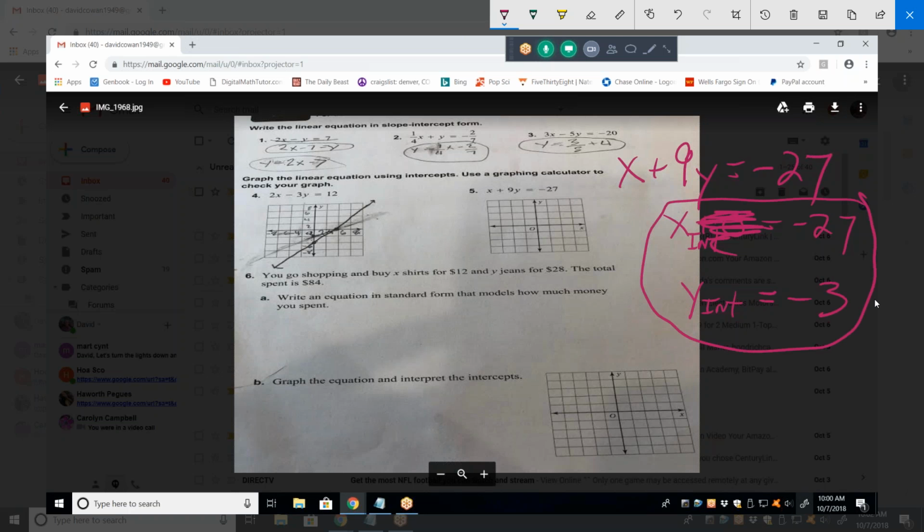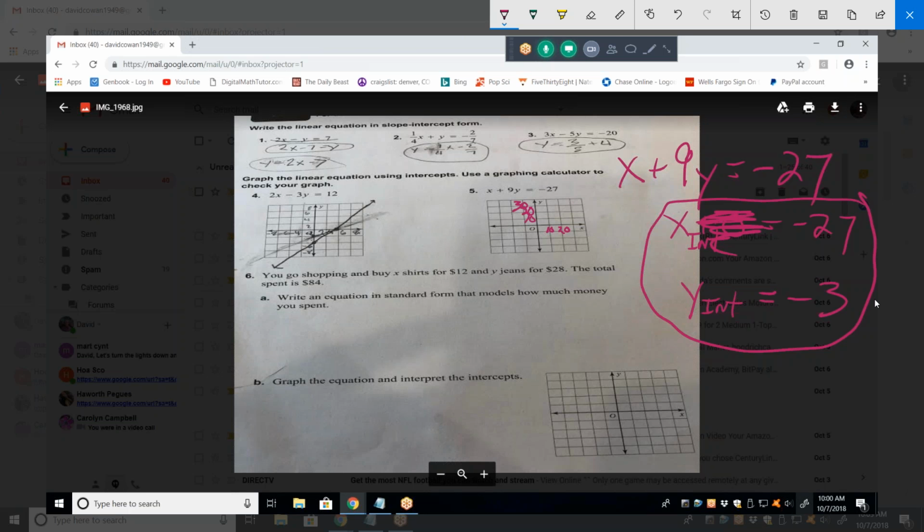I'm not even going to try to draw it on that graph. They haven't labeled the grid, so I guess we could label it in tens if you want. I think it's kind of silly that they don't label it.